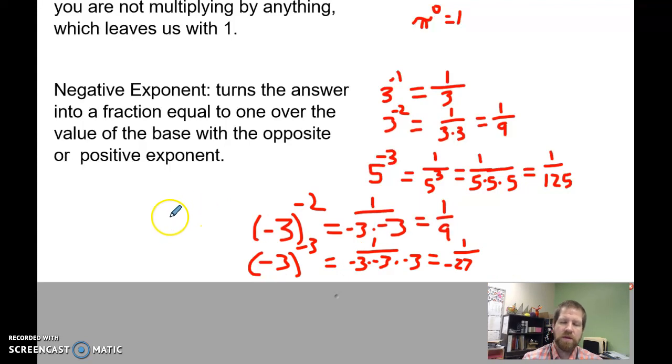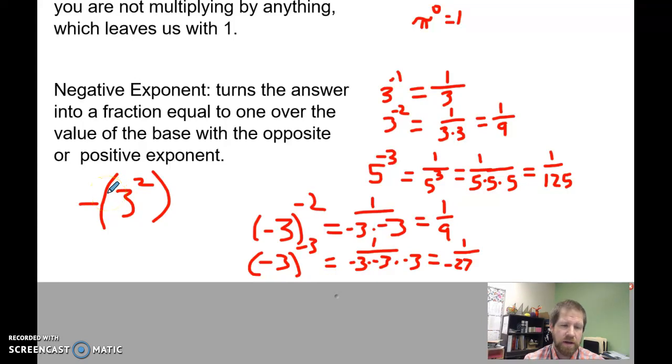However, one thing to note is if you see a problem like negative 3 to the second or to the negative second, unless you see parentheses including that negative sign, the negative sign is not going to be part of the base. A lot of times in your book or on a test, it'll do you the favor of giving you parentheses.